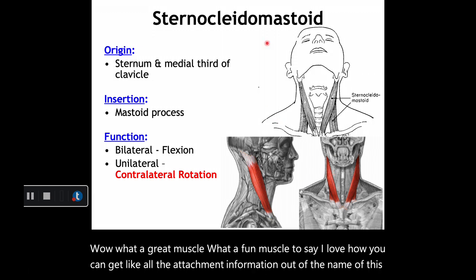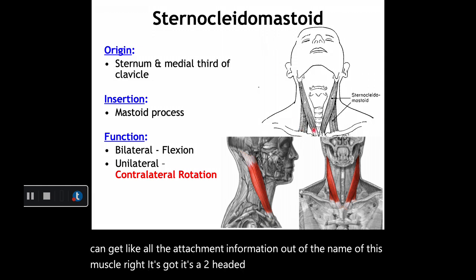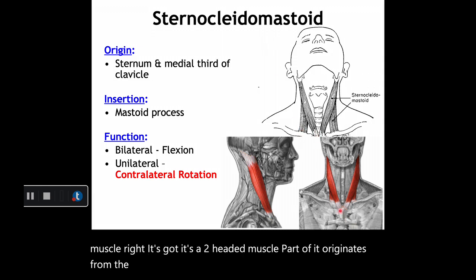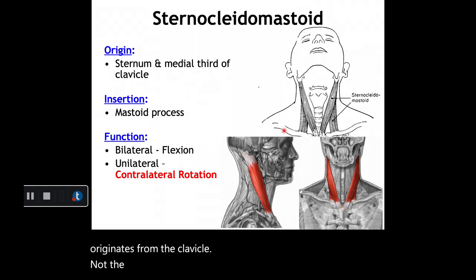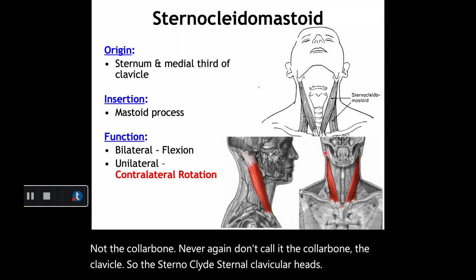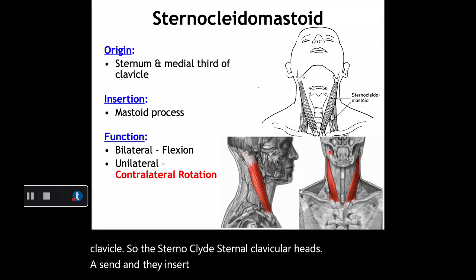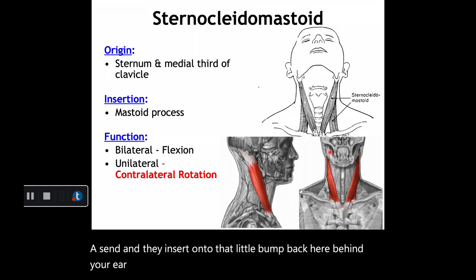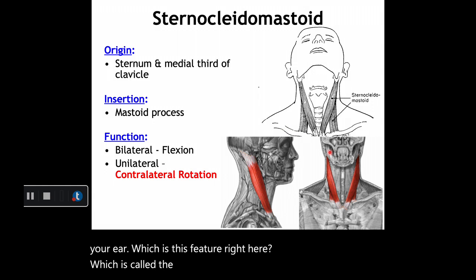Right? It's a two-headed muscle. Part of it originates from the sternum. That's the sternal part. Part of it originates from the clavicle, not the collarbone. Don't call it the collarbone. It's the clavicle. So the sternal and clavicular heads ascend and they insert onto that little bump back here behind your ear, which is this feature right here, which is called the mastoid process.